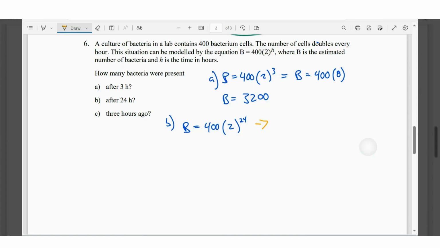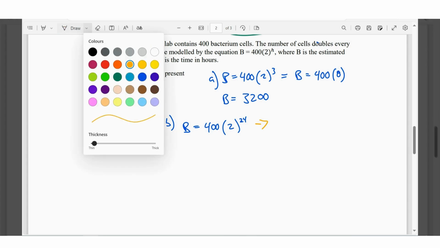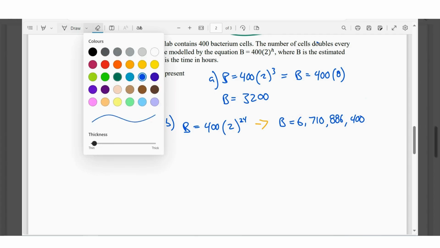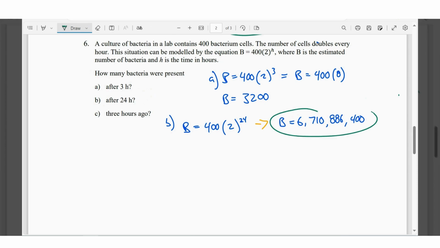So B equals 6,710,886,400. So it can quickly get out of control. This is why food safety is very important. If you have a certain number of bacteria in your food, it can easily get very out of hand.